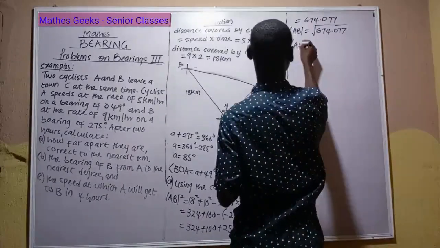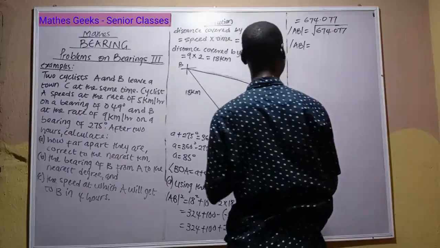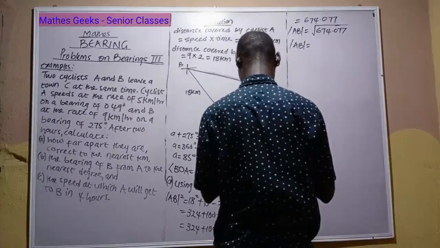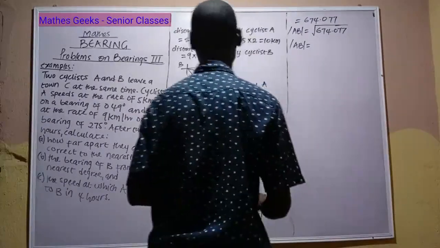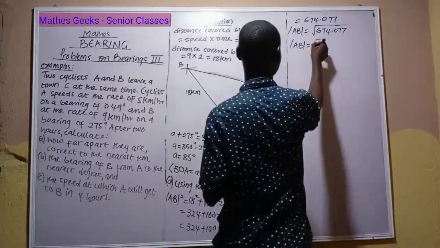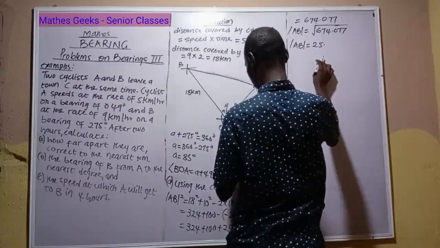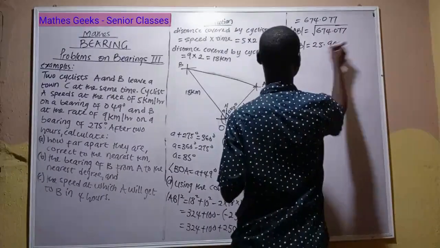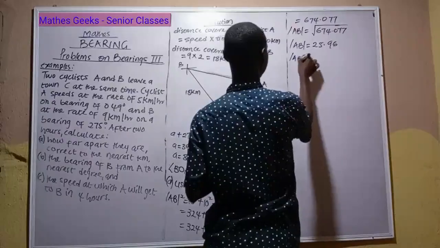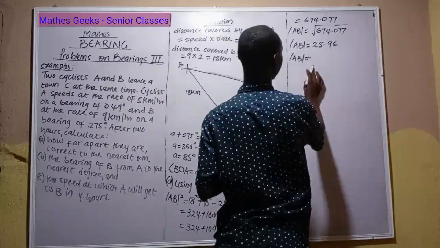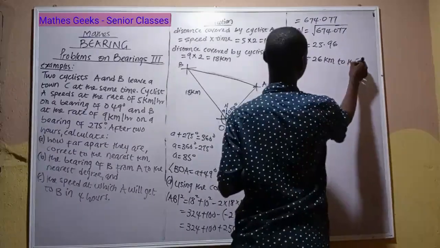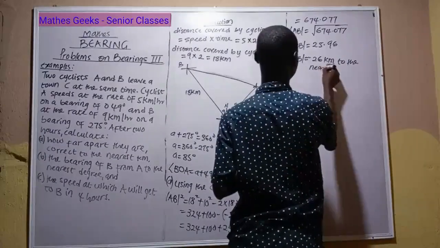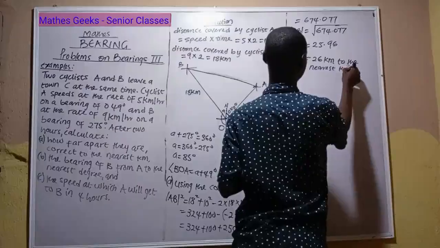So line AB equals the square root of 674.077. And we're told to correct the answer to the nearest kilometer. So 25.96. So line AB is approximately equal to 26 kilometers to the nearest kilometer.